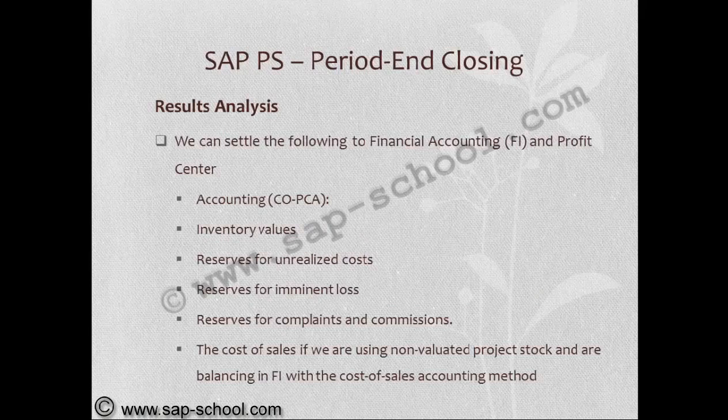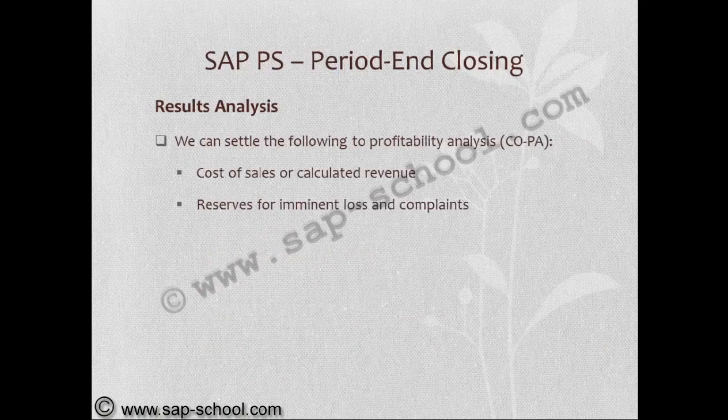We can settle the following to financial accounting and profit center accounting: inventory values, reserves for unrealized costs, reserves for imminent loss, reserves for complaints and commissions, and the cost of sales if we are using non-valuated project stock and are balancing in FI with the cost of sales accounting method. We can settle the following to profitability analysis: cost of sales of correlated revenue, reserves for imminent loss, and complaints.